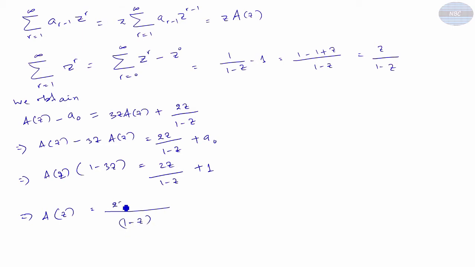This is 2z plus 1 into 1 minus z, that is 1 minus z, and 1 minus 3z comes to the right hand side and is divided. So we have 1 plus z divided by 1 minus z into 1 minus 3z.